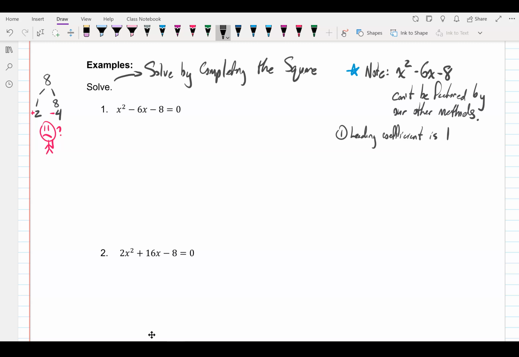The second step is something I call shove the constants. Or in other words, move all constants to the right side. So in this case, that's the negative 8. We would toss that to the right side. The third step is to add b over 2 squared to both sides.